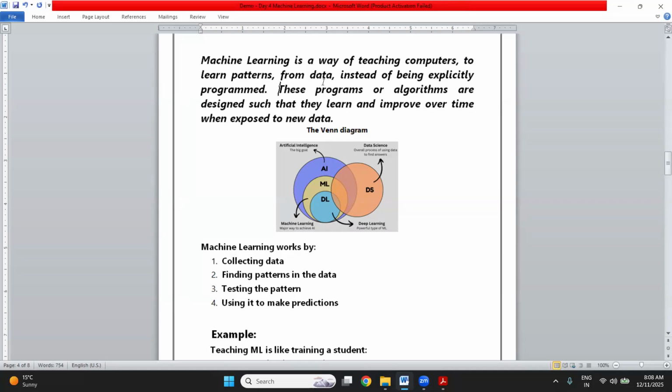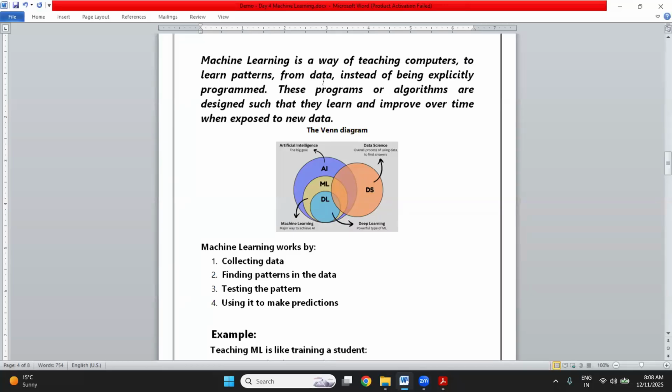In traditional methods, before machine learning, we used to train the machines by writing conditional statements. So if this is the condition, do this. If this is the condition, do something like this. Now, using machine learning, we are training the machines to understand the patterns.